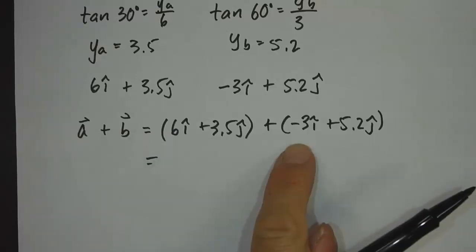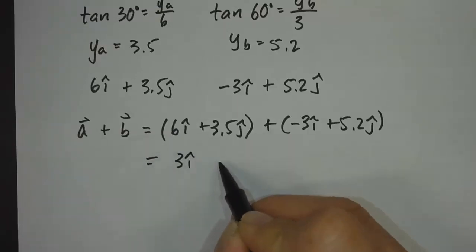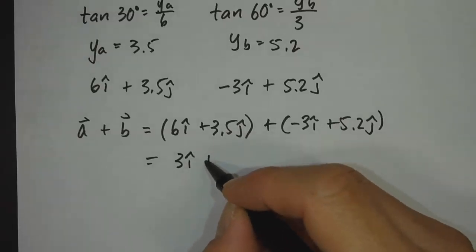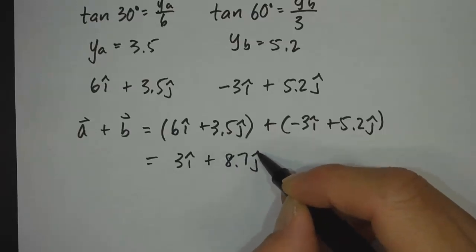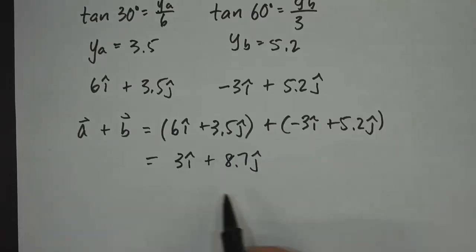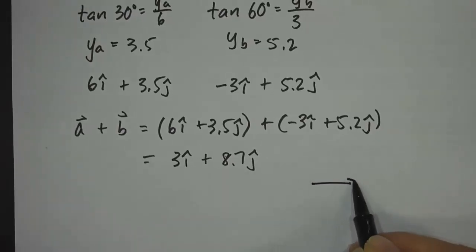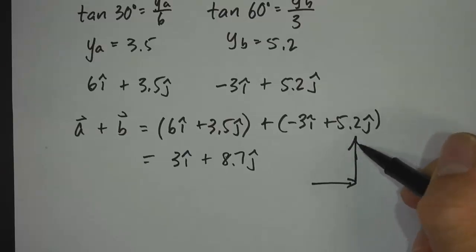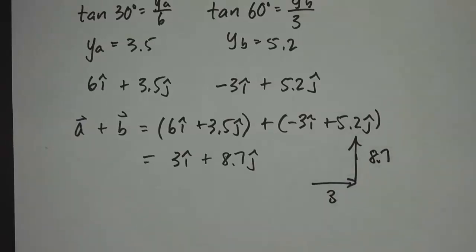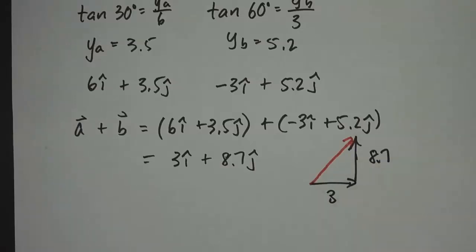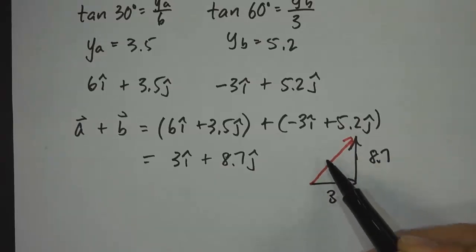So you have 6 and minus 3, so that's going to be 3 i hat, and then you have 3.5 and 5.2, you just add those coefficients up, so you get 8.7 j hat. Using these numbers you can figure out what the resultant vector is. So we have a positive 3 along the x, and 8.7 along the y, and your resultant from start to end will be right there, and you can use the Pythagorean theorem to find this side. You can also use trig to find this angle as well.